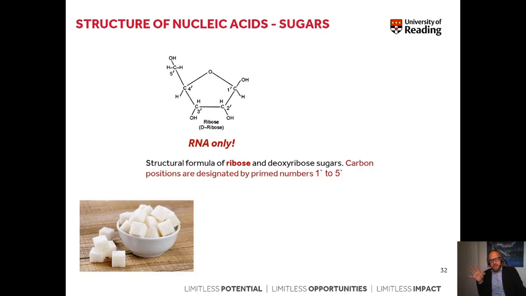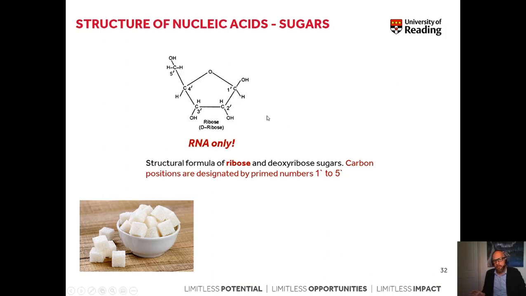In contrast to DNA, RNA has a slightly different form of sugar within the molecule. However, what you can recognize here quite clearly, and this is the case for both DNA and RNA, is that those carbon atoms are at different positions, and this is quite important.